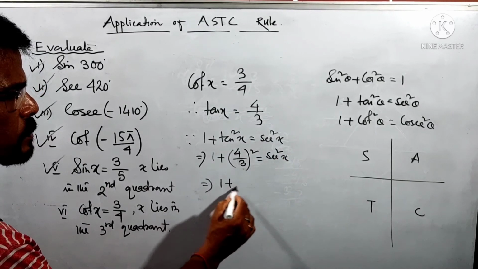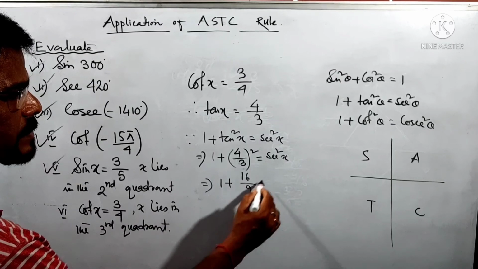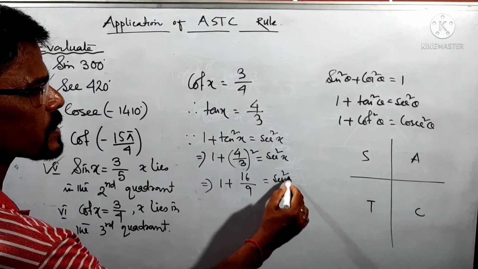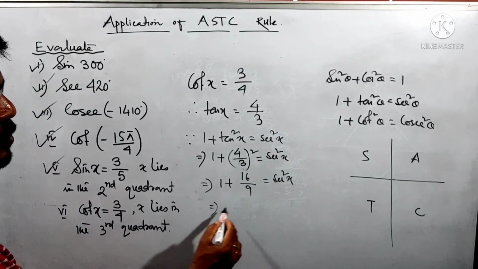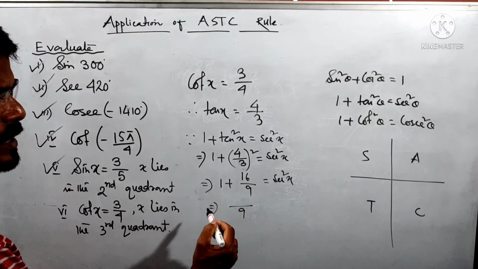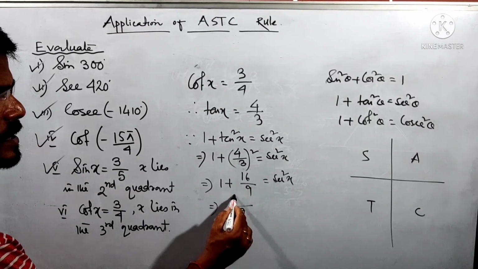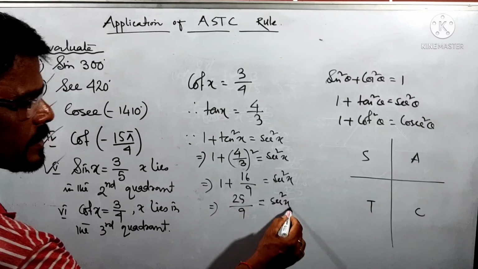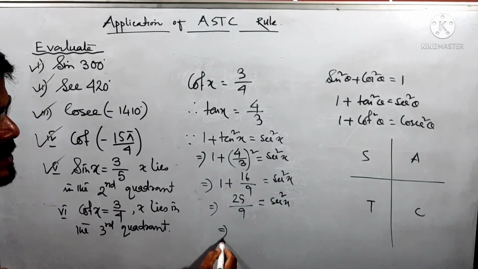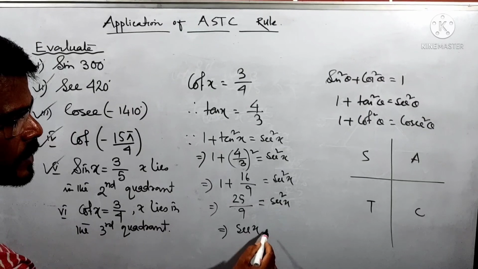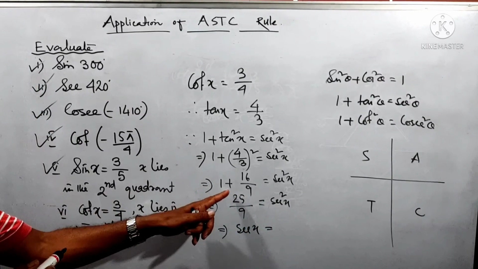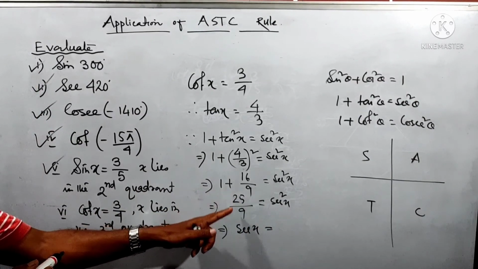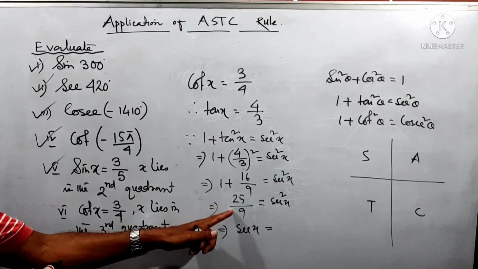So it is 1 plus 16 by 9 equal to sec square x. Taking LCM 9, 9 plus 16, 25 equal to sec square x. So sec x equal to root over 25 by 9, which is 5 by 3.